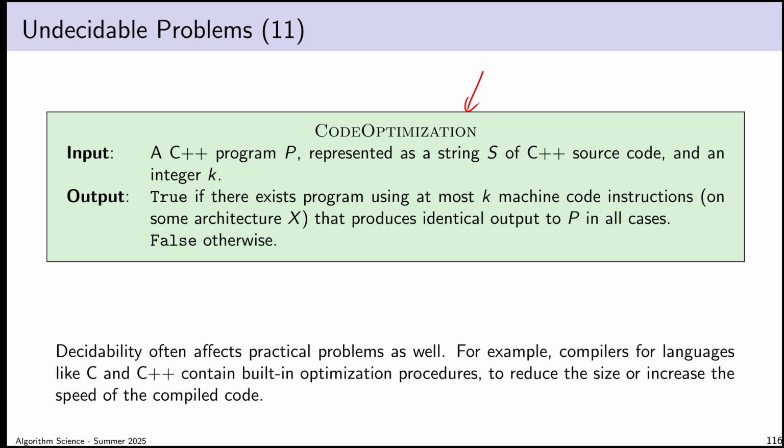This is a problem called code optimization. You give me a C++ program called P, represented by some string of source code. You also give me an integer K, and the decision is true or false.